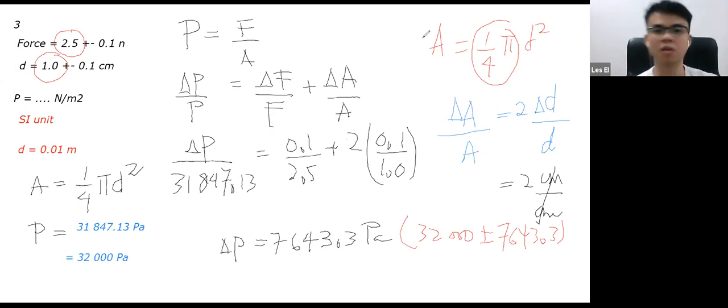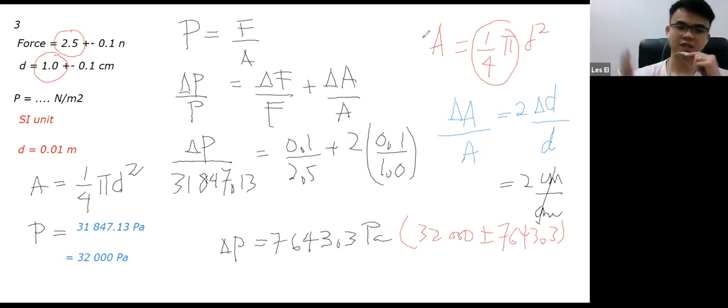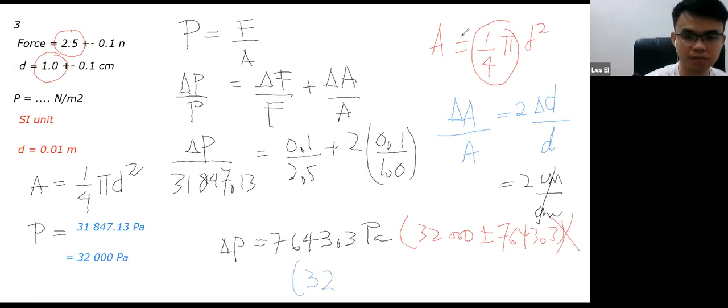No. Because you have decided to write it in two significant figures, you're going to round it off to the nearest 1,000. So this is a wrong way to write. Your final answer would be 32,000 plus minus, and you should round off the uncertainty also to the nearest 1,000.